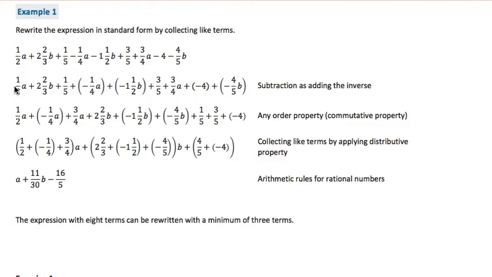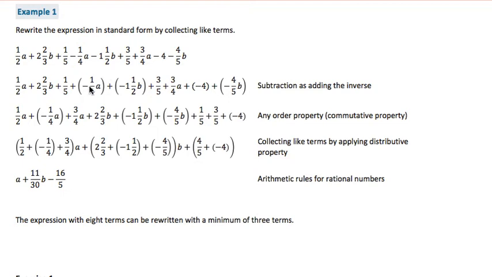Rewrite everything from left to right, 1/2 a plus 2 2/3 b plus 1/5, and we're going to change this subtraction to addition, plus, and you put the opposite sign, negative 1/4 a. And notice we put that in parentheses. You don't want to have signs next to each other and no parentheses.